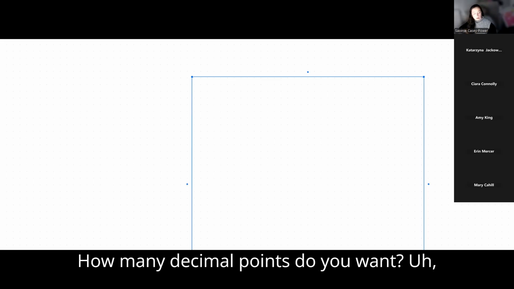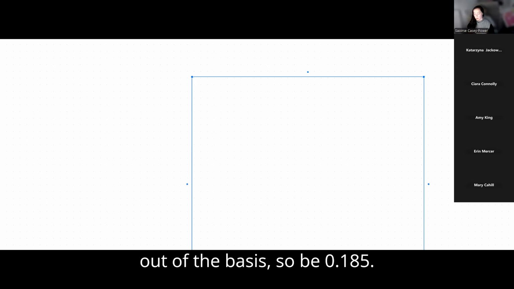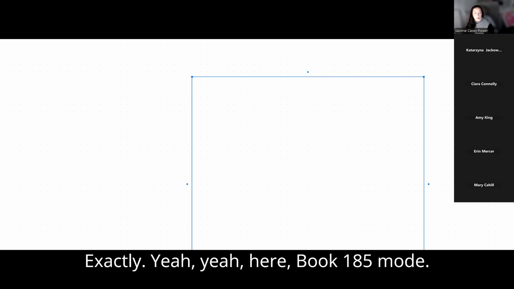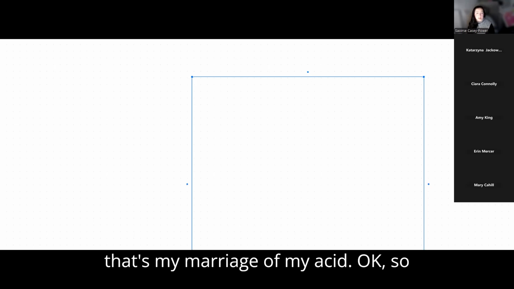How many decimal points do you want? Let's say round to 3 decimal places. So it'll be 0.185. Exactly, yeah. 0.185 molar. Perfect. Okay, so that's my molarity of my acid.